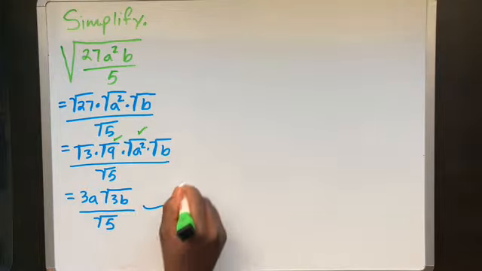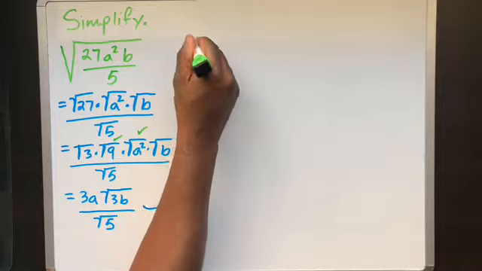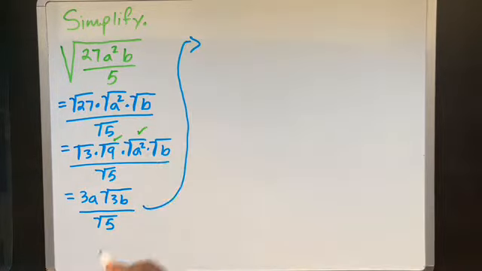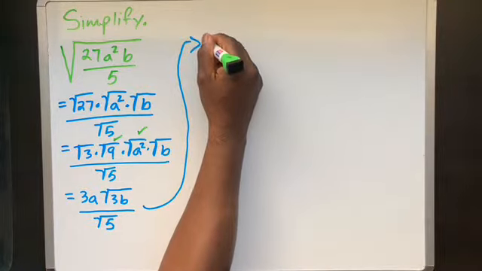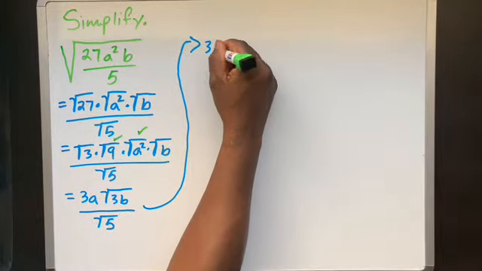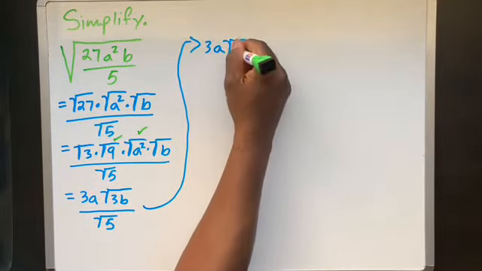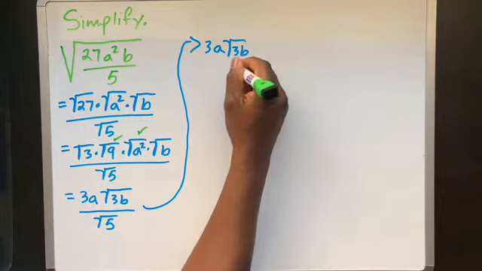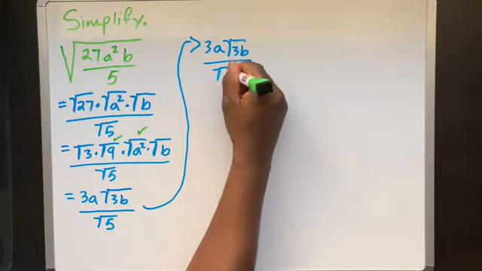So I need more space. I'm going to bring that next step up here, and I'm going to rewrite this as 3 times a times square root of 3 times b over square root of 5.